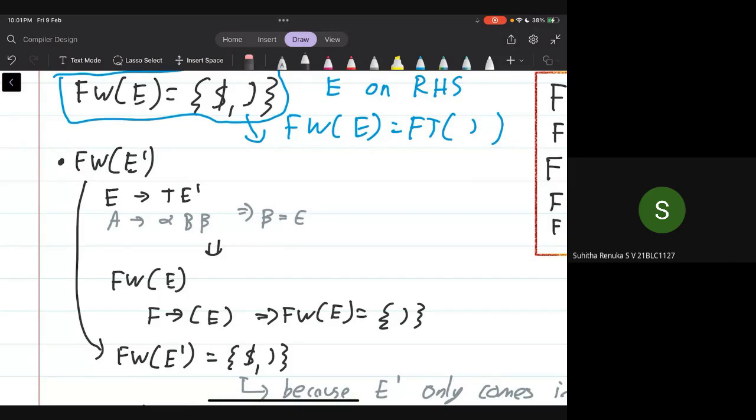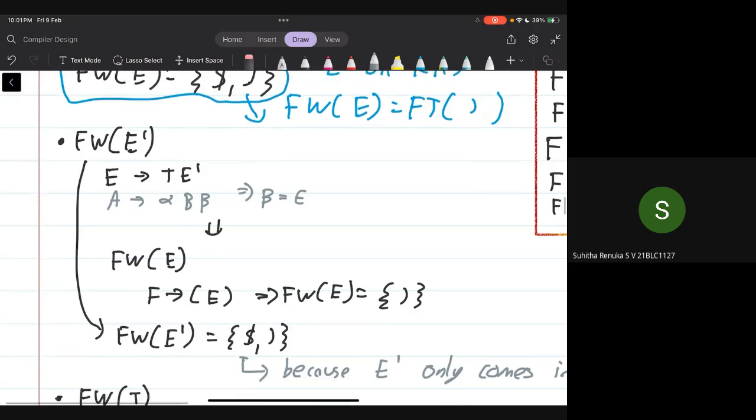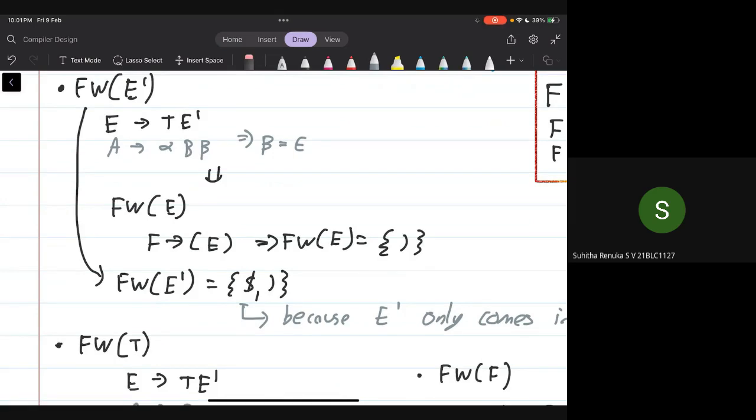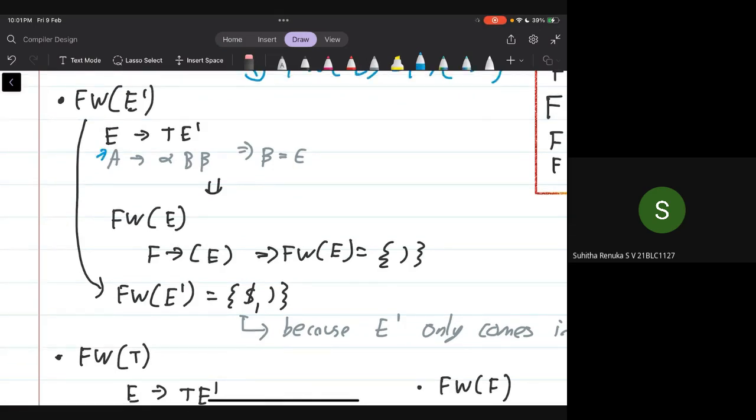So you get beta equals epsilon. B is equal to E dash, beta is equal to epsilon, alpha is equal to T. Since beta is equal to epsilon, you have to take follow of A. Follow of E is dollar comma close bracket.